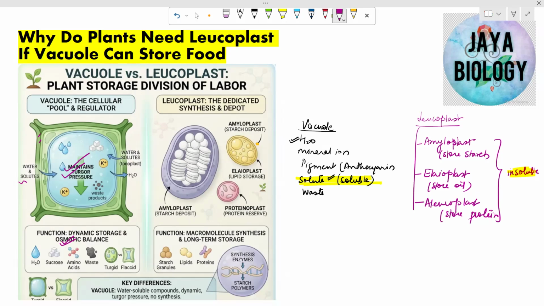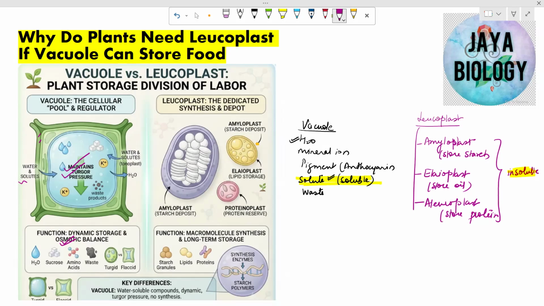For easy understanding, you can take one analogy. You can think of the kitchen. You keep drinking water in a bottle, but rice, wheat, flour, and pulses you store in containers. Why don't you store them in the water bottle? Because you have to store them in a dry area.